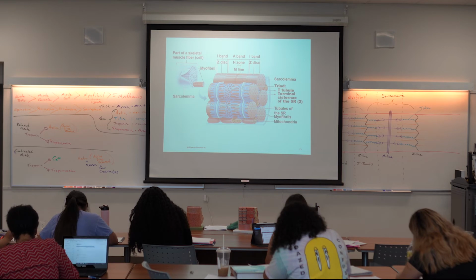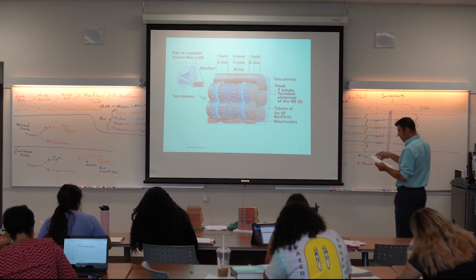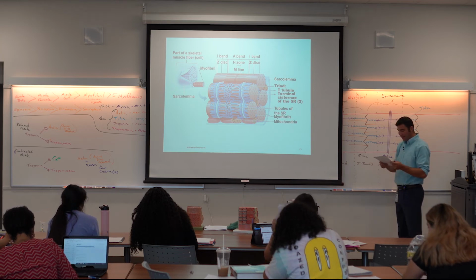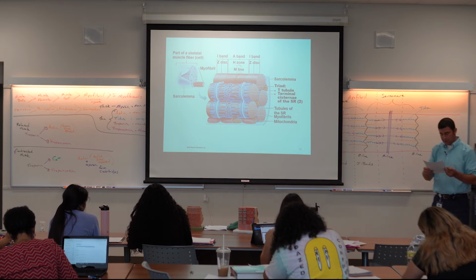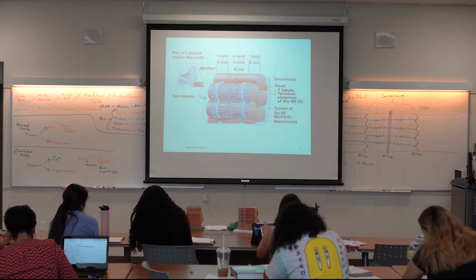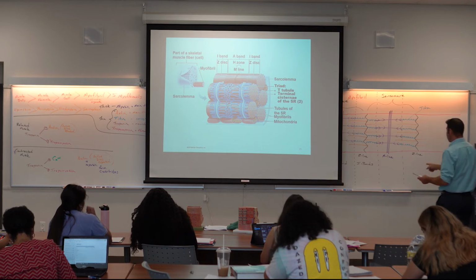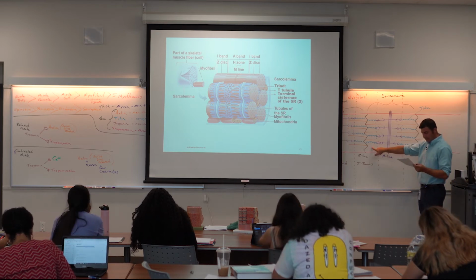So number 6, it says one sarcomere extends between 2 Z discs. In a myofibril, actin overlaps the myosin in an A band, one of those dark bands. Then below that, in a myofibril, the I bands only contain thin filaments. So we have titin and actin there.